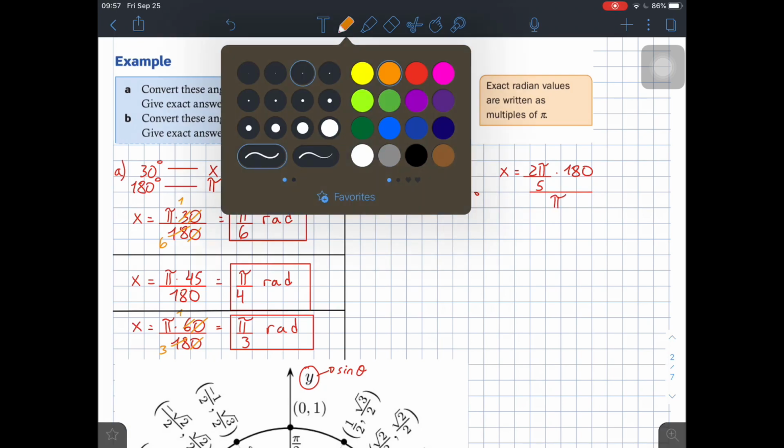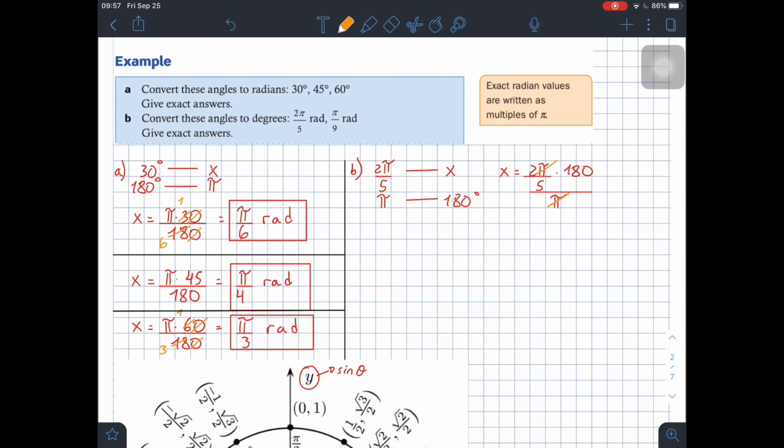Then I simplify terms, for example, pi with pi, and then I can simplify 180 with 5. That would be 180 divided by 5, that's 36, and 36 times 2, that's 72. That means that all of this gets simplified to 72 degrees, and that would be the answer for this angle.